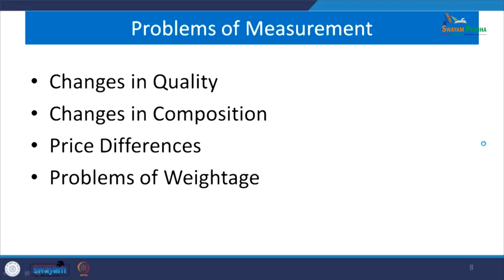Similarly, weightage. What weight is to be taken? We take weights for certain products to get the average. Our measurement of terms of trade is through the weighted average of export prices to import prices, an index of export prices to import prices.